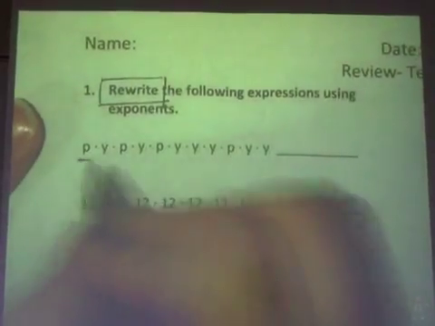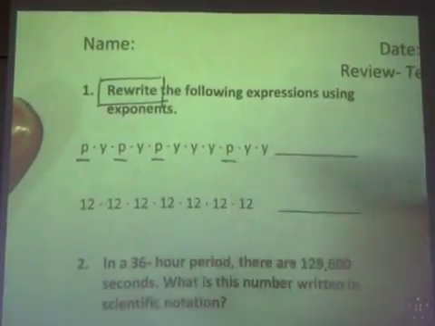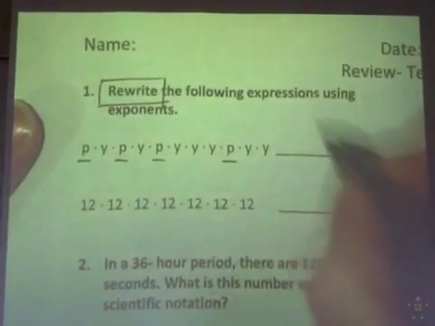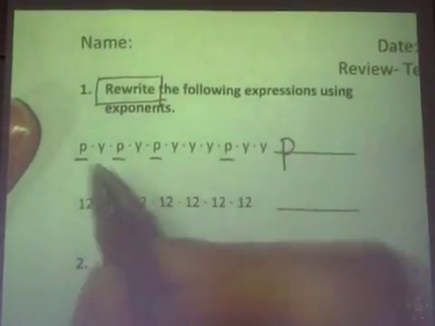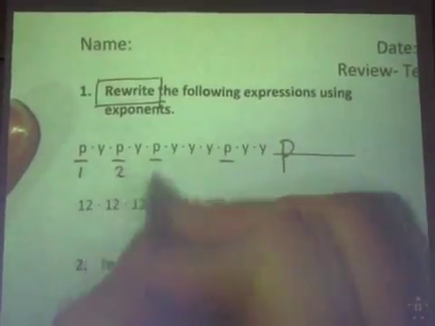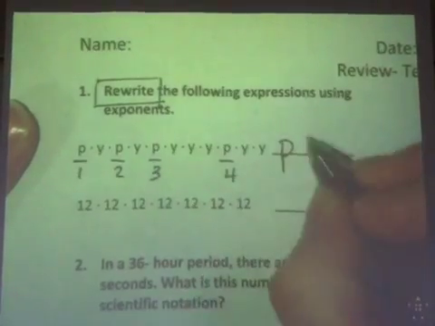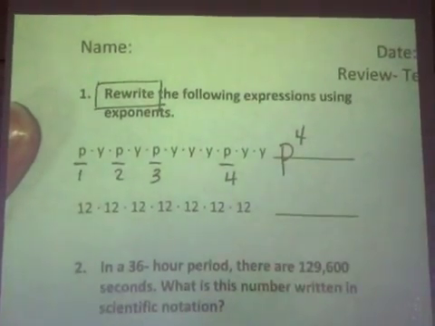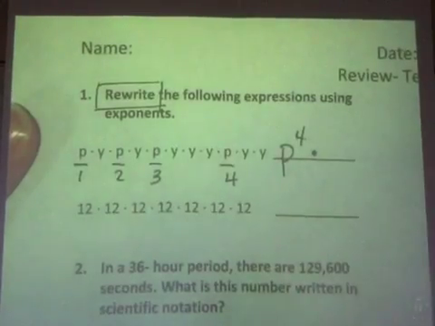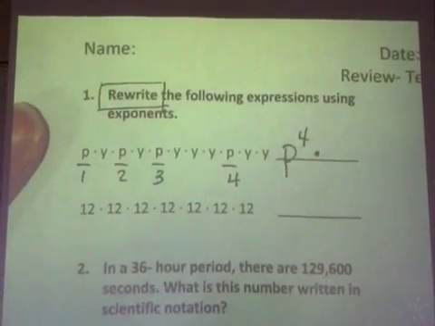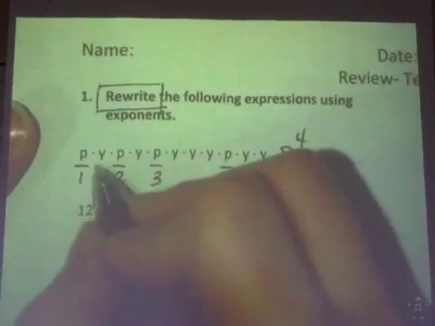So I'm going to look at how many p's I have, and I'm going to rewrite those p's using exponents. So p, and then I know it's being multiplied 4 times. So it's p to the 4th power. I'm going to use a dot as my multiplication sign, not an x, times y.